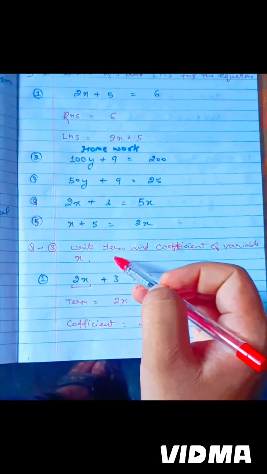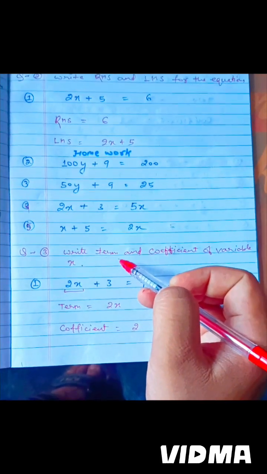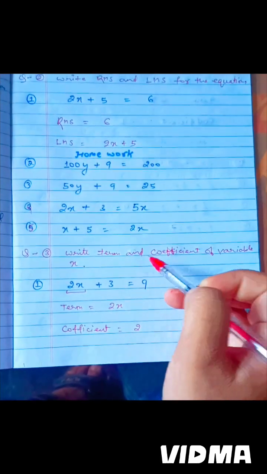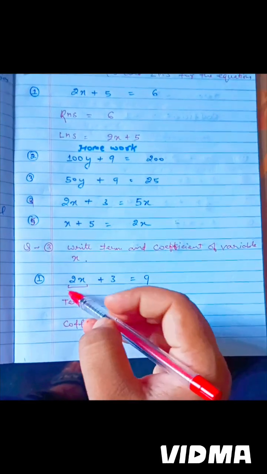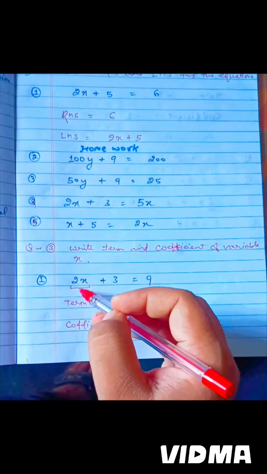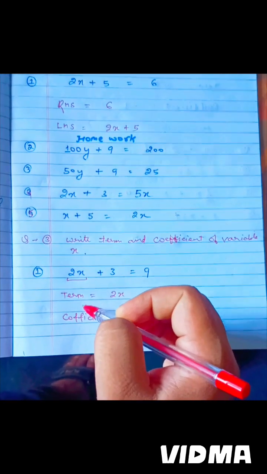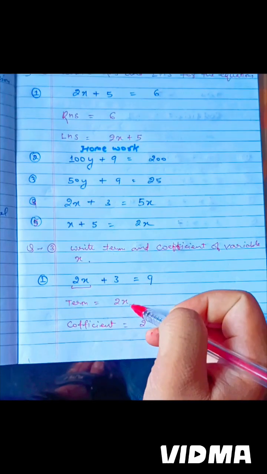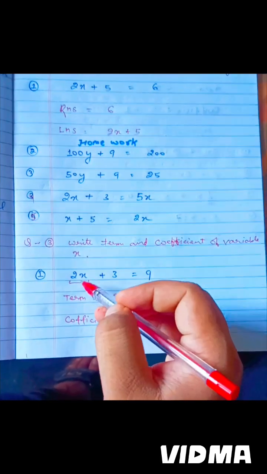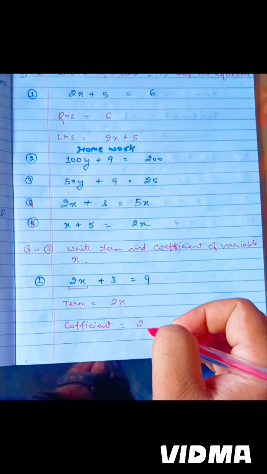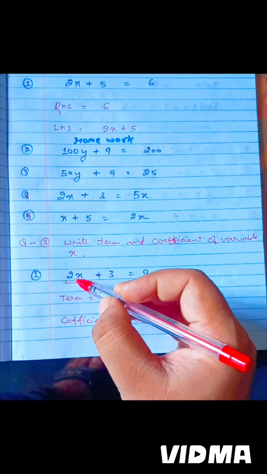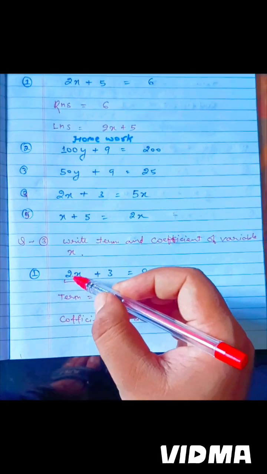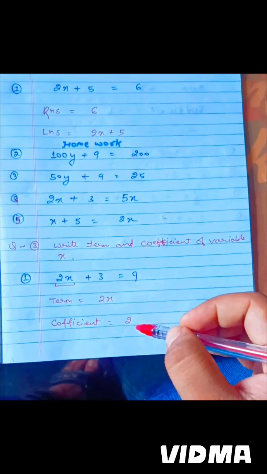So you have seen in this question you only see the term and coefficient of variable x, so that is the only term with x, that is 2x, so term equals 2x, and the coefficient of the term is the multiplicative identity in this term, 2 multiplied by x, that is 2x, so coefficient is 2.